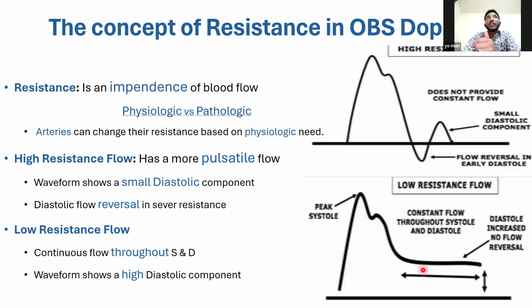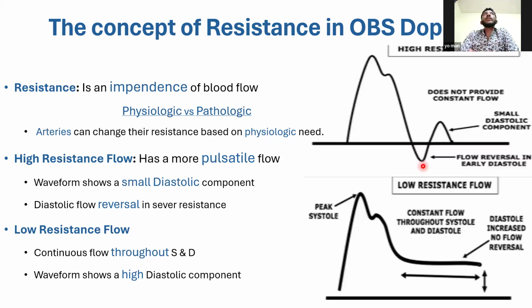If we say the vessel has a high resistance, the diastolic component will be small when compared to the systolic one. So we call that high resistance. And in the severe case, if the resistance is more than moderate, then you would see flow below the baseline. That's what we call reversed flow.